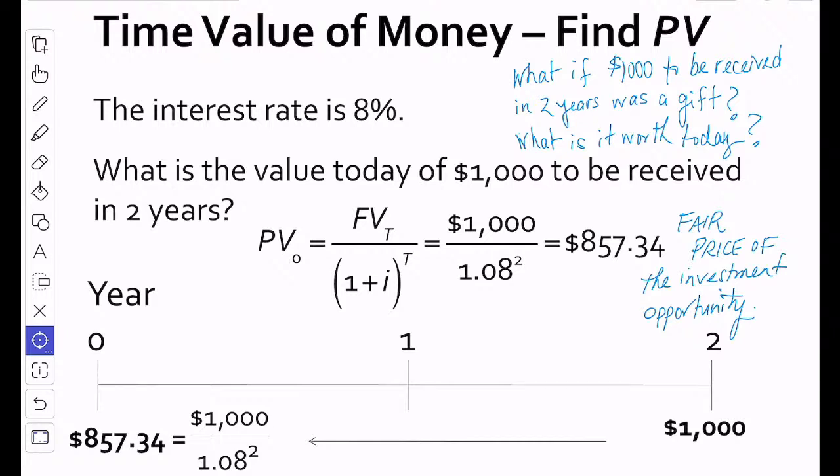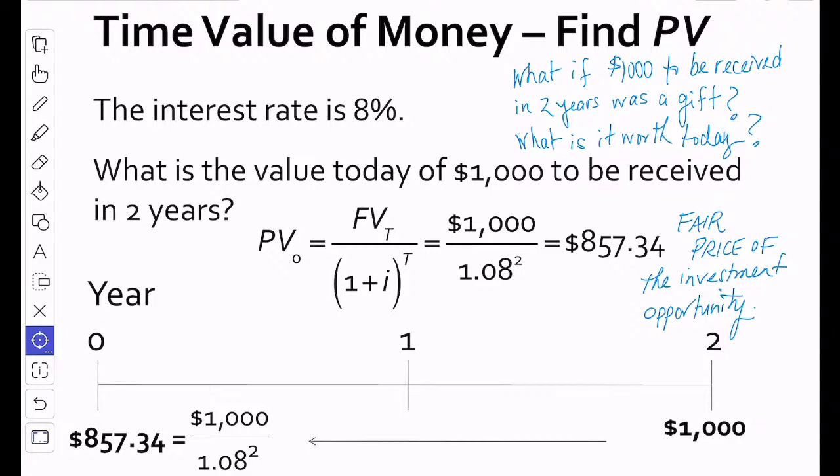If I know I'm going to receive a gift of $1,000 in 2 years, I can borrow against that gift. I can go and borrow, again, at 8%. I can borrow $857.34 because I know that I can use the $1,000 in 2 years to pay it back because that's what this loan will accumulate to.